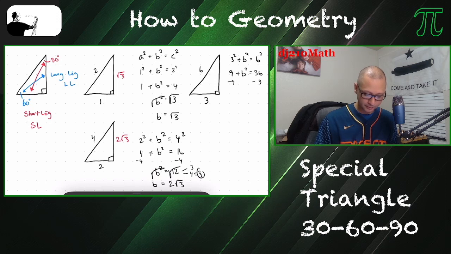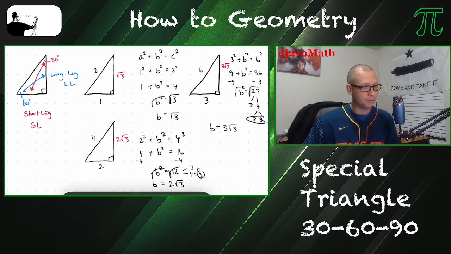Subtracting 9, b squared is equal to 27. Root 27 can be simplified into 9 and 3, and then 9 into 3 and 3. So 3 is going to come out. So b is equal to 3 root 3.